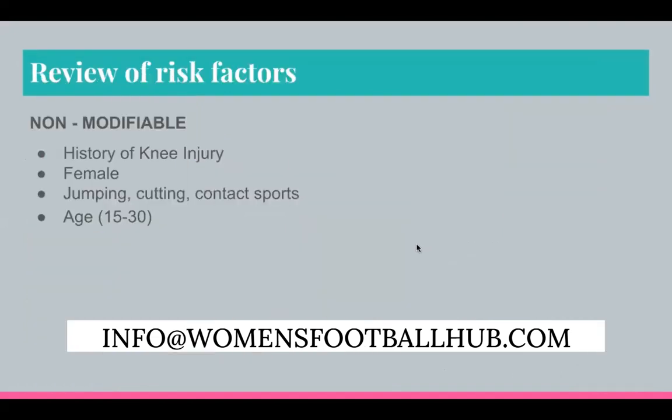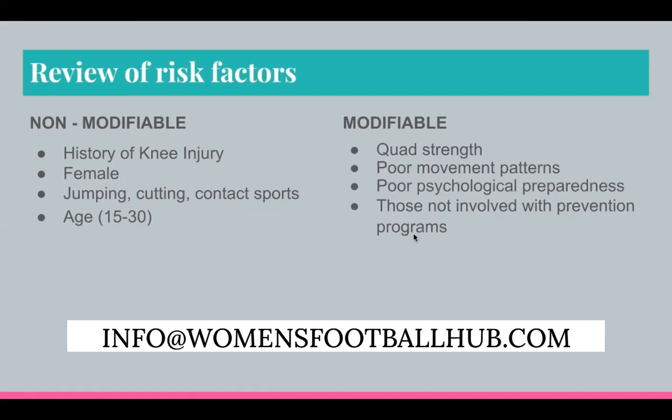So after going over the biomechanics, the quad strength, patience, and psychology, we want to review those risk factors that are non-modifiable. So we know history of knee injury, females, jumping, cutting, contact sports, and age 15 to 30 is going to give us a higher risk of ACL tear. We also have modifiable risk factors though.